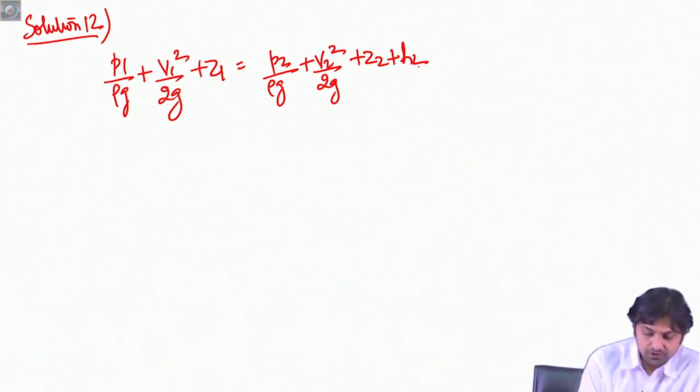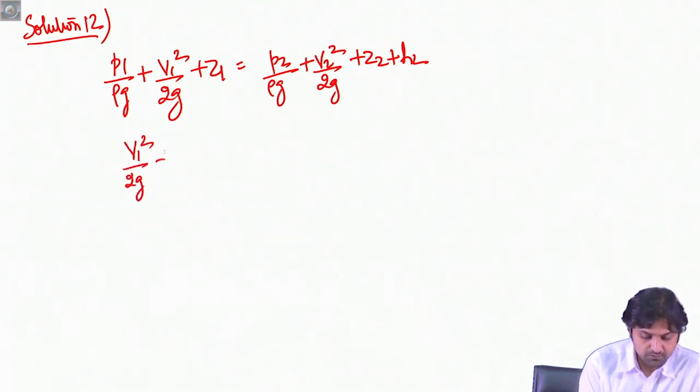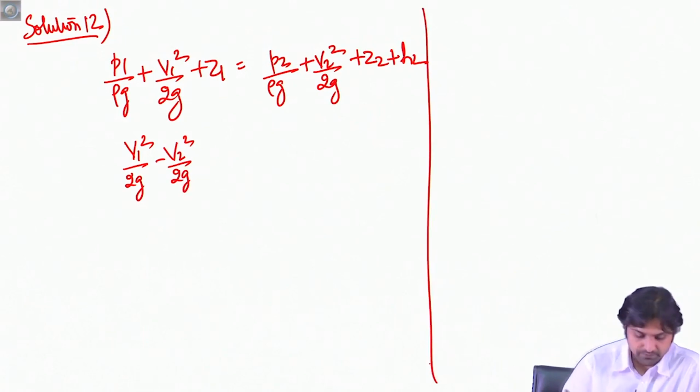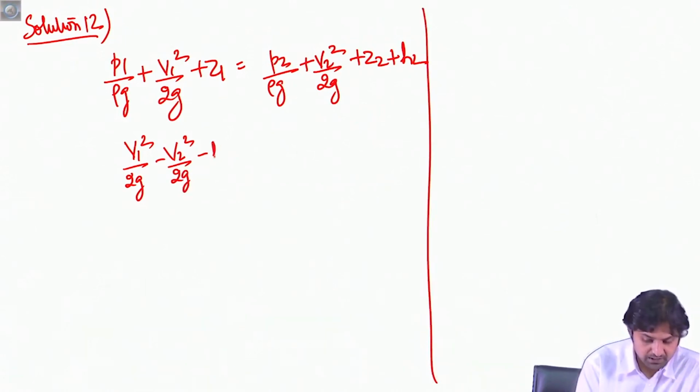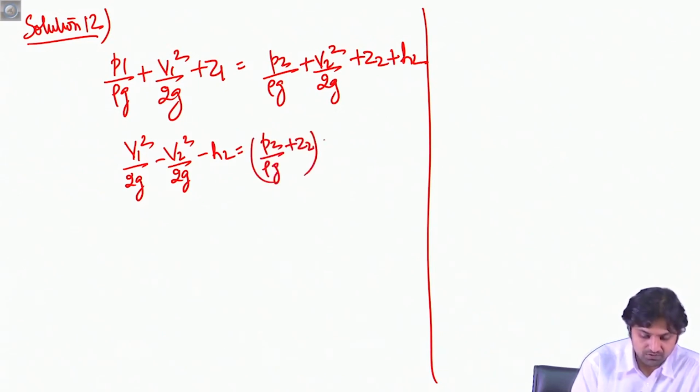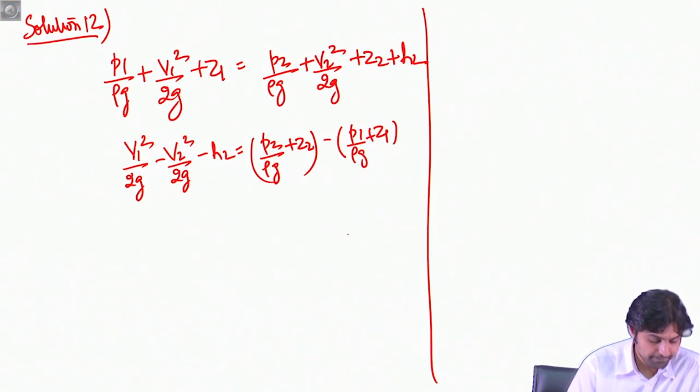Okay, so we take V2 on this side, so we can write V1 square by 2g minus V2 square by 2g minus HL is equal to P2 by rho g plus Z2 minus P1 by rho g plus Z1.